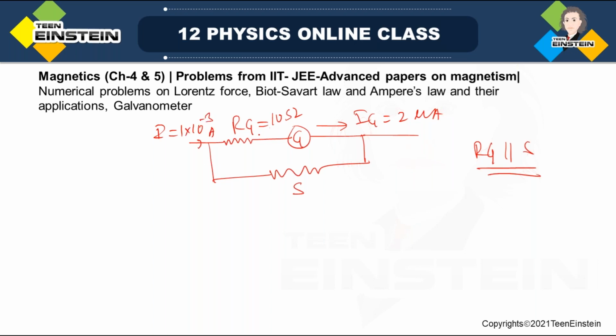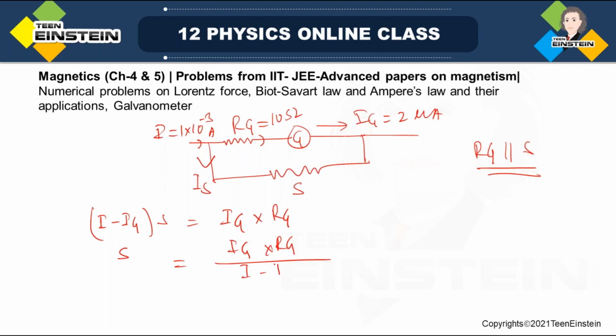That gets divided into two parts, Is and Ig, right? So from here we can directly write (I minus Ig) into S is equal to Ig into Rg. So S is Ig into Rg divided by (I minus Ig).